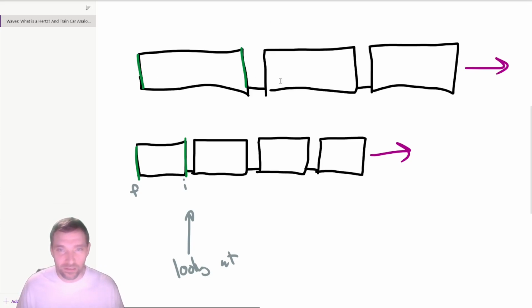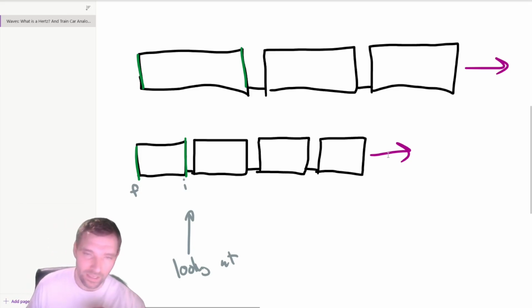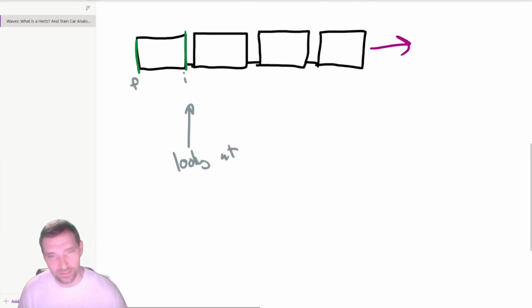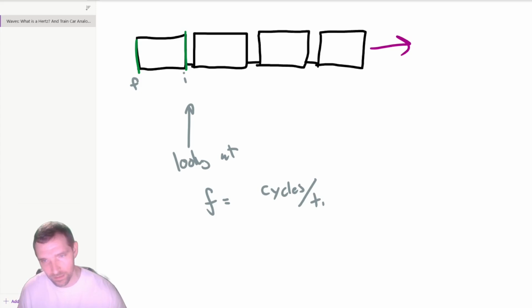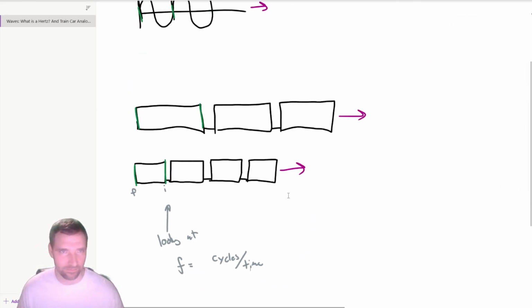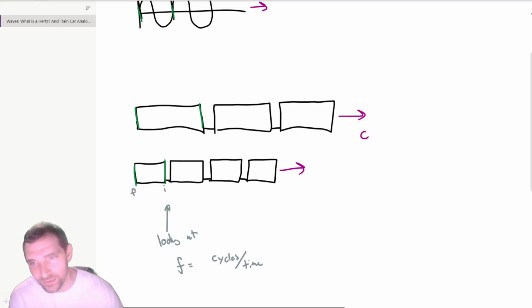So if you've got a longer train car going at the same speed as a shorter train car, and you're looking at them, the frequency is how many train cars go by in a second. So this is going to be frequency, which is thinking of cycles over time. Let's say that we had just baby math numbers, a c of 10 meters per second for both of these.